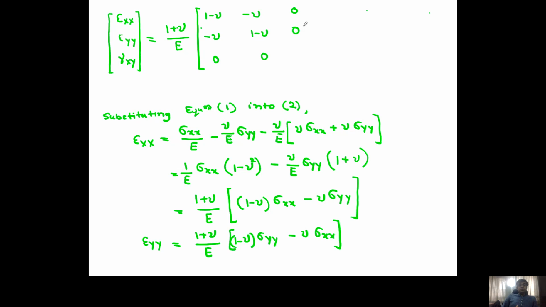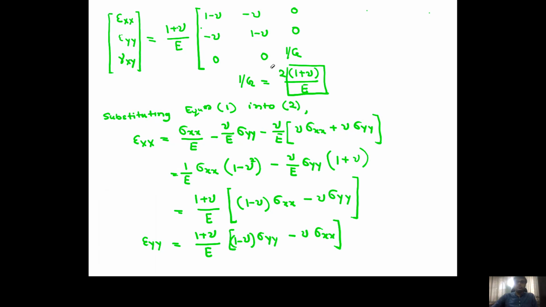And then there should be 1 by G at this location, but we know that 1 by G is equal to 2 into 1 plus nu by E. And this 1 plus nu by E is already outside, so that keeps only 2.